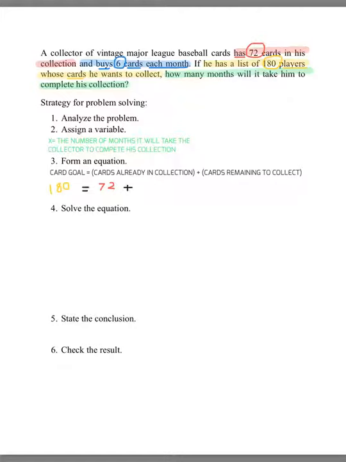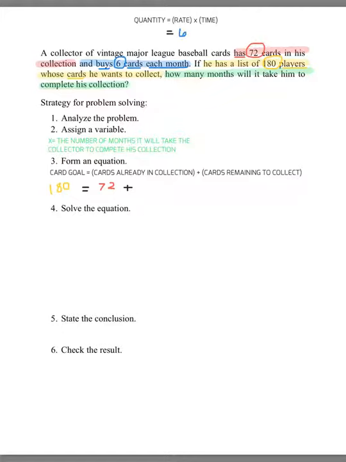So the cards remaining to collect, this is a specific quantity. And we already have an equation for quantity. I'll go ahead and write it up at the top. So that'll be quantity is equal to rate times time. Luckily for us, we already know these both. We know the rate, well, that was given to us in blue. And we know that he buys 6 cards each month. So the rate is 6 cards each month.